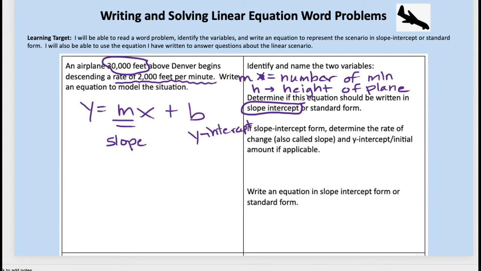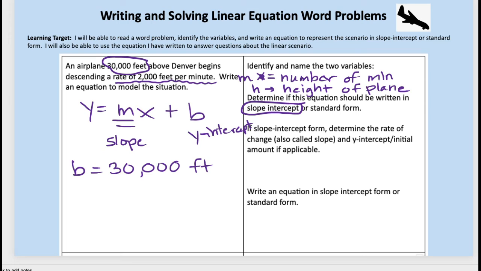So now in order to do this, I need to determine the rate of change, which is the slope, and the y-intercept or the initial amount. So let's start with the 30,000 because that's the height of the airplane when the plane first begins descending. So that's going to be my y-intercept. b is equal to 30,000 feet.